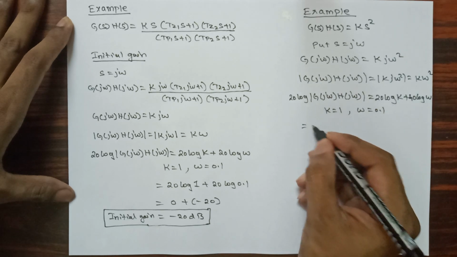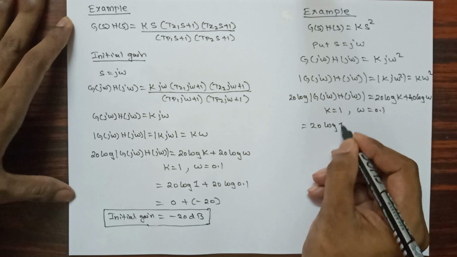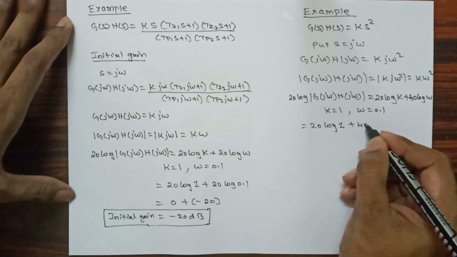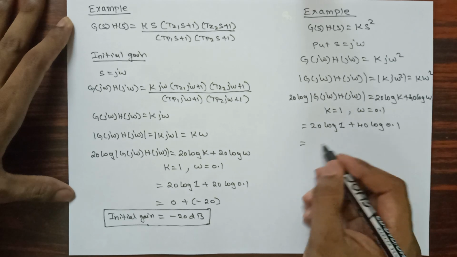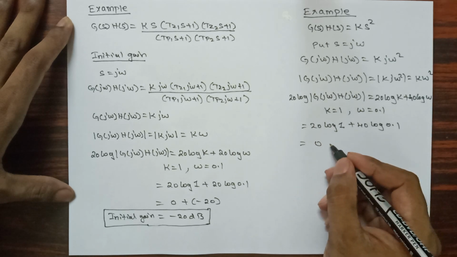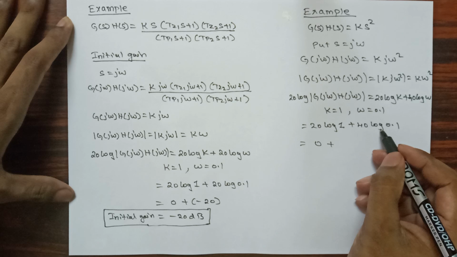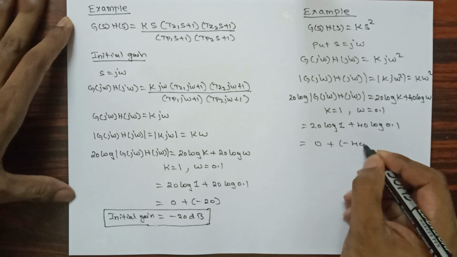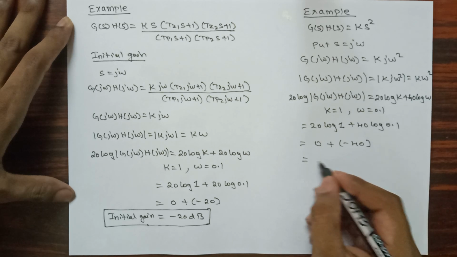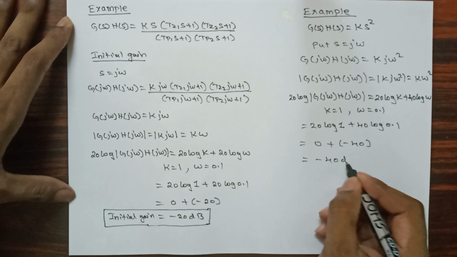Therefore 20 log 1 plus 40 log 0.1. As we know, 20 log 1 is 0, plus 40 log 0.1 value is minus 40. So this will be equivalent to minus 40 dB.